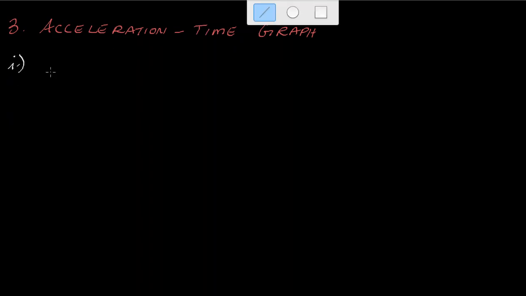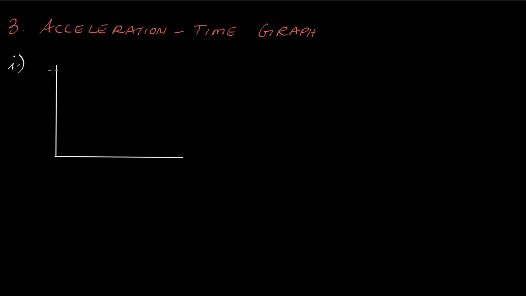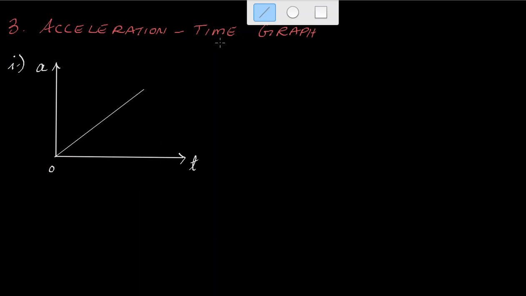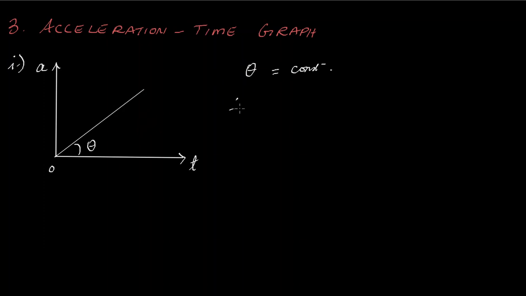Suppose the graph is something like this. So now we are plotting acceleration along the y-axis and time along the x-axis. Okay, if the graph is like this, then theta here is constant, so therefore acceleration here will be constant, or uniform acceleration.